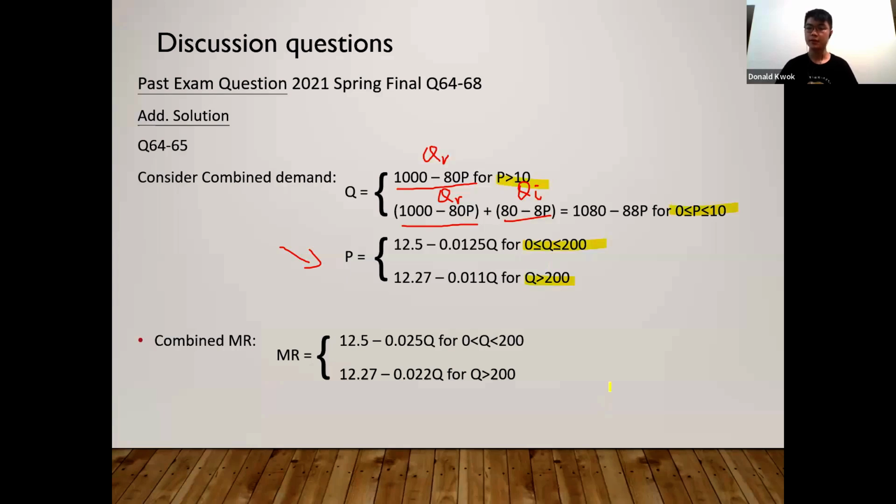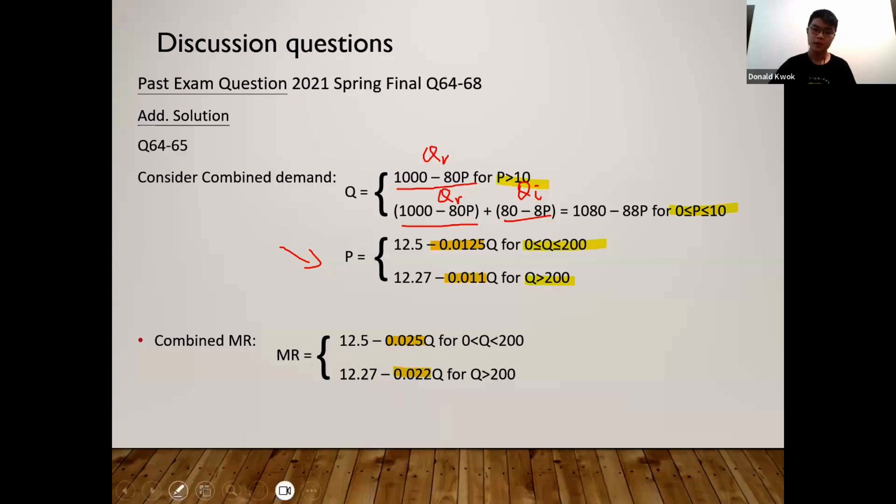Step 2 is to derive the combined MR curve by multiplying the coefficient in front of Q by 2. For the first expression, we have 0.0125, then we have 0.025. And for the second expression, 0.011, then we have 0.022 in the MR curve.